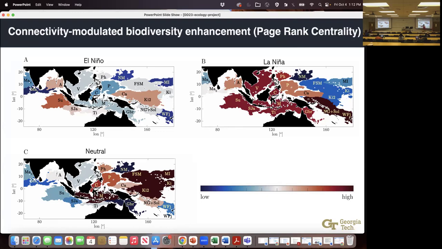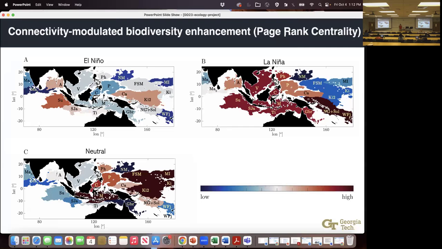And, you know, a different map is neutral here. So overall, this system is incredibly dynamic because of El Niño. And it's interesting because ENSO is being considered the main cause for bleaching in this area, because ENSO is so important in terms of bleaching events. What we discover is that the biodiversity of that region is really due to ENSO.